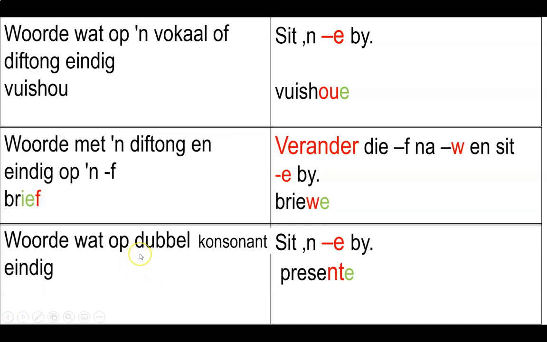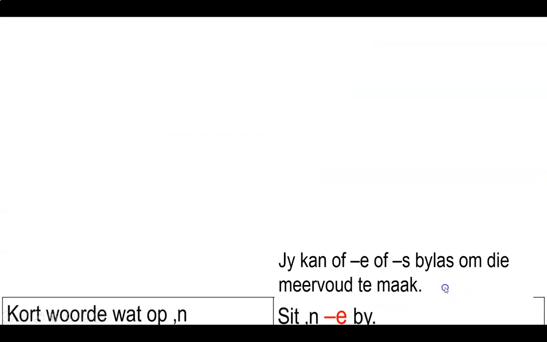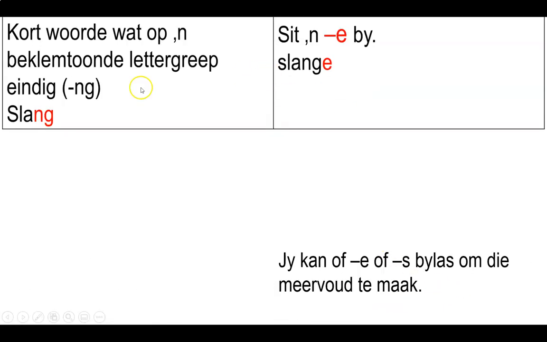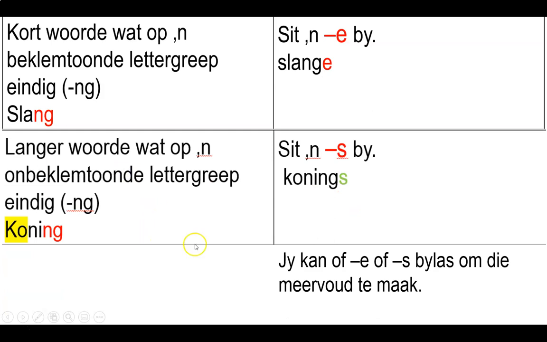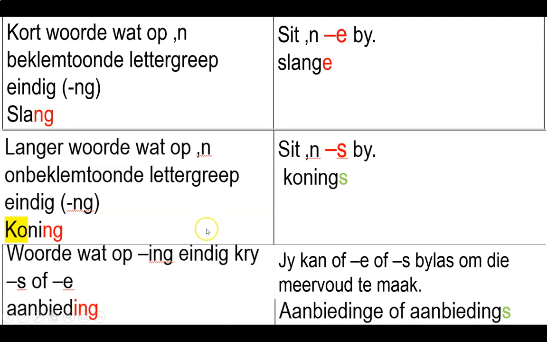Right, if there's a double consonant at the end of the word, in the case of presenter, there's an N and a T, we just put the E. Short words that end on an NG, we add an E, while longer words like koning, we add an S. So there is more than one lettergreep associated with this word.